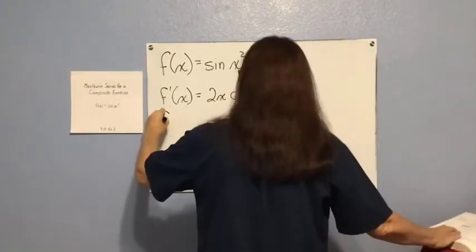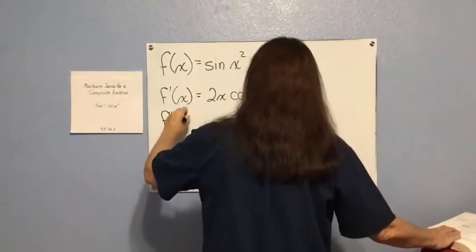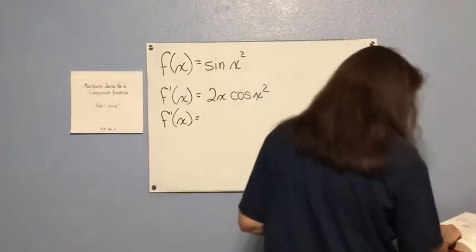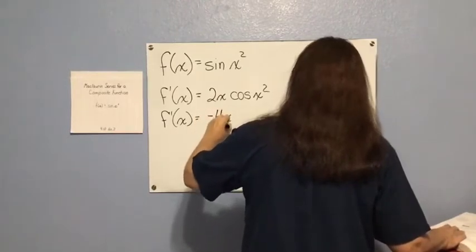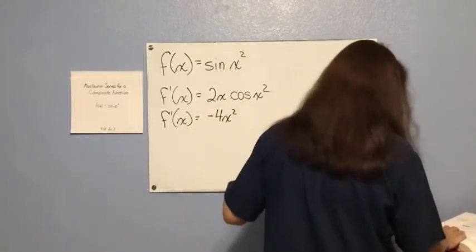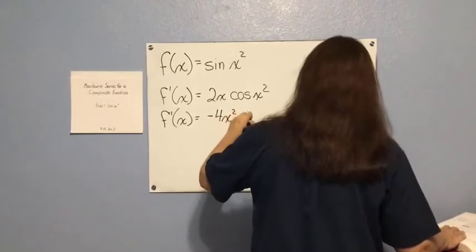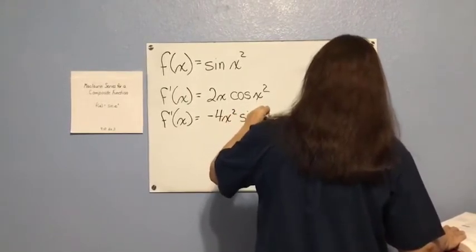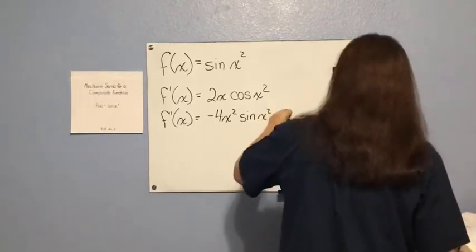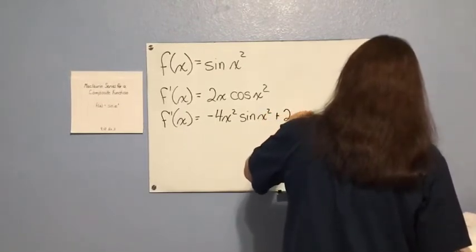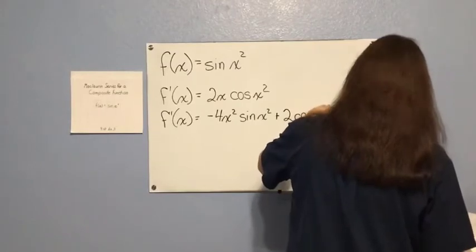And the second derivative is equal to negative 4x squared sine x squared plus 2 cosine x squared.